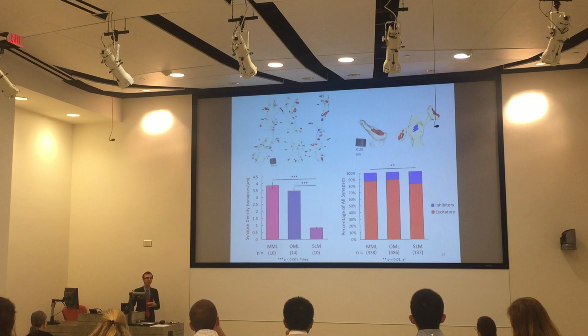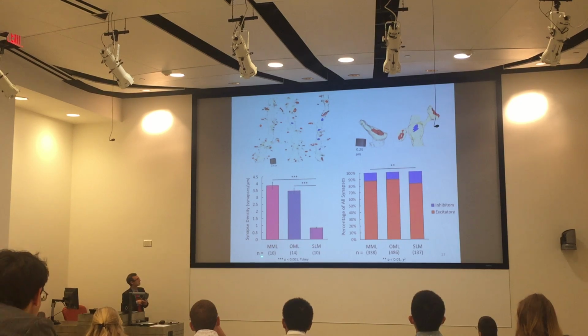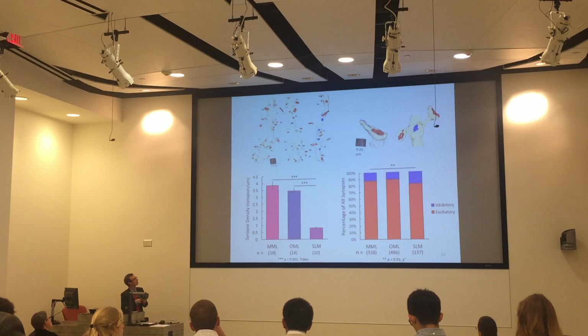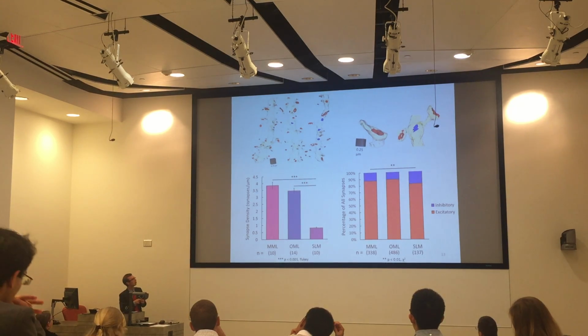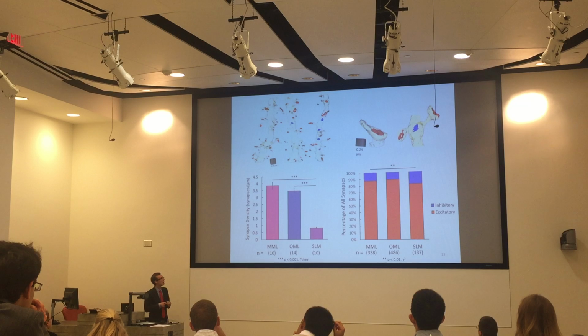So when characterizing the synapse morphology in these three layers, what we first had to do was look at the distribution of synapses across the layers. So we looked at the density in the MML, OML, and SLM, and it was found that SLM dendrites had a significantly lower density of synapses along their lengths.